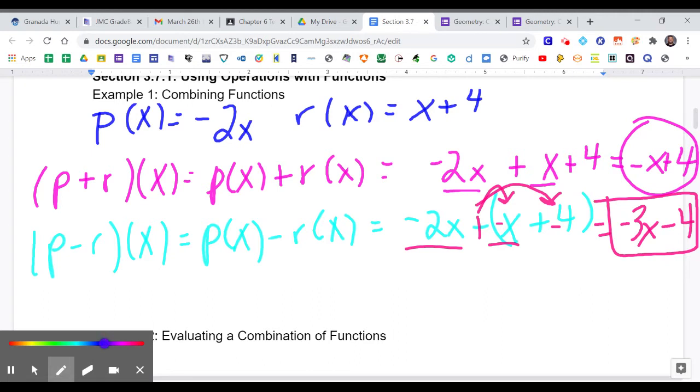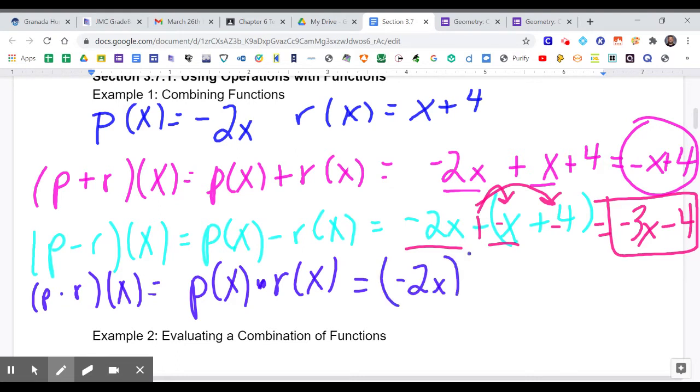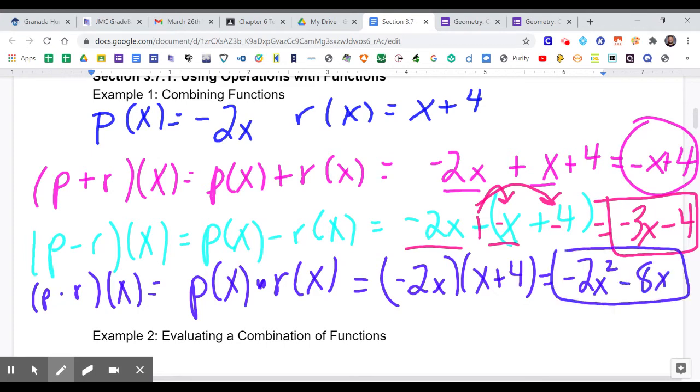Let's look at the next one, which is going to be p times r of x. Remember, p of x times r of x, that's times. So we get negative 2x times x plus 4. Negative 2x times x is negative 2x squared, and negative 2x times 4 is minus 8x. So far so good. All we're doing is combining all of them.